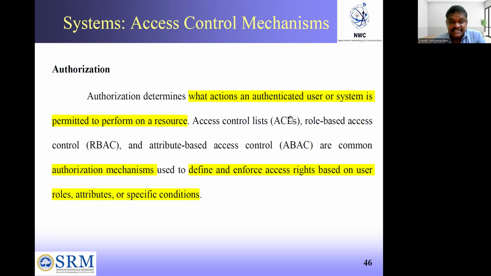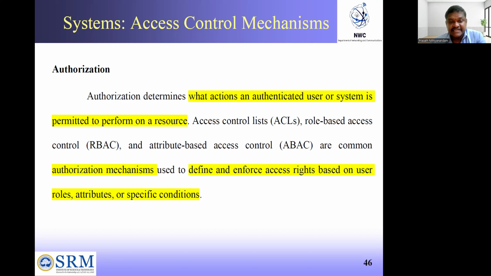Next one would be authorization. Authorization determines what actions authenticated users or systems are allowed to perform on a resource. The common authorization mechanisms include access control lists, role-based access control, and attribute-based access control. An access control list specifies which users can access which resources and what operations they can perform.